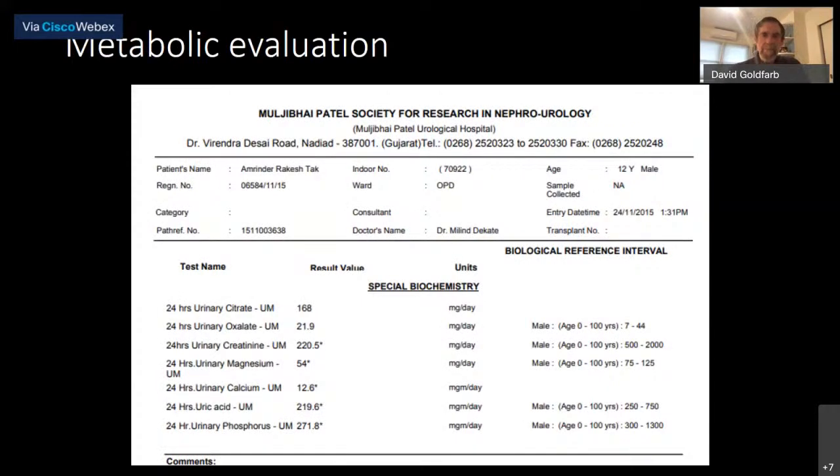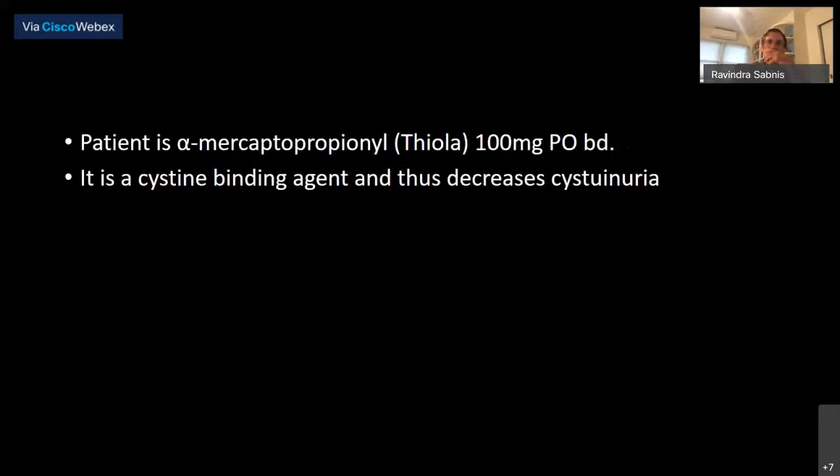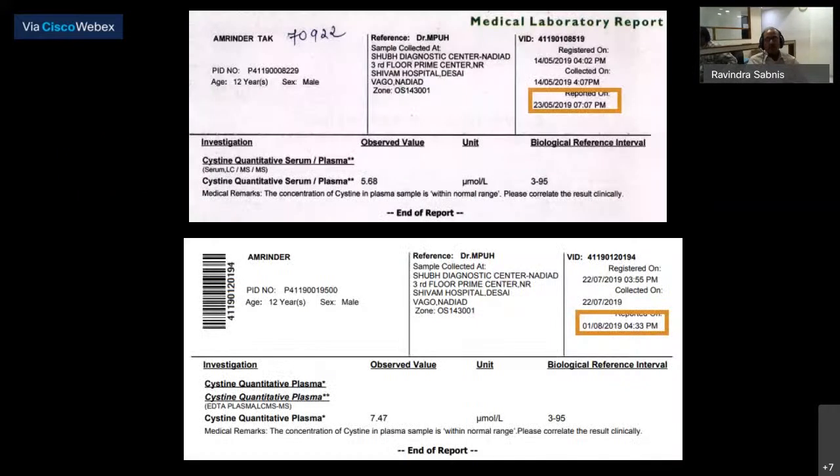So we did actually do his metabolic workup, which did not show much, and we put this patient on Thiola 100 milligrams for the cystine. Basically, in India, we don't see many cystine stones. Maybe one in 5 to 10 years we see cystine stones. It's not so common at all here, and these agents are actually not available in our country.